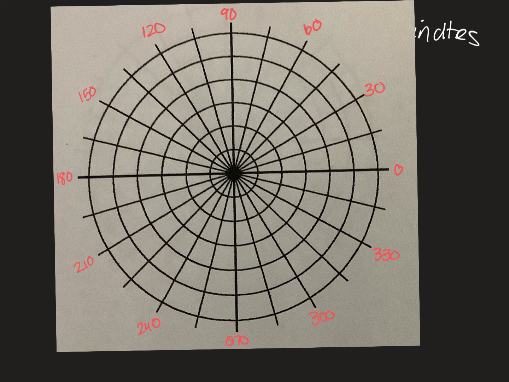Just like before, 0, 90, 180, 270, 360. The unit circle. Yeah, I already said that. It's this crazy thing that happens when you listen to what I say.